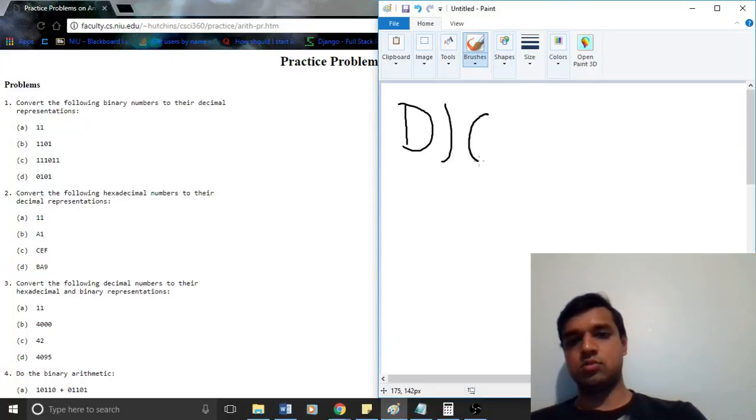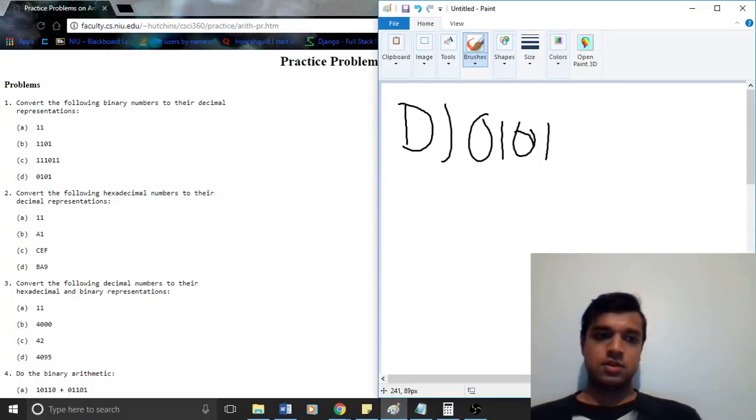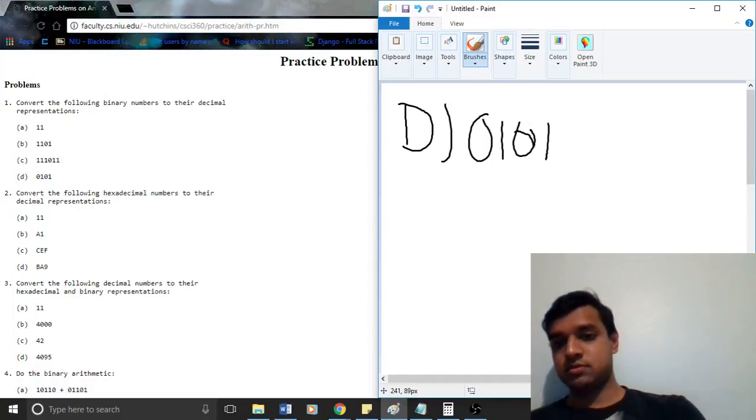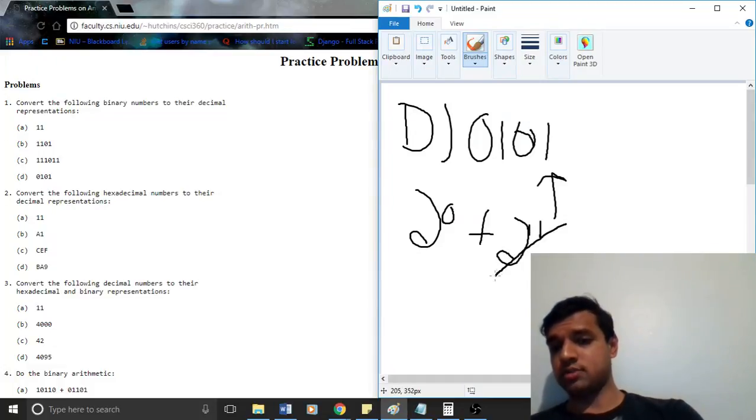Which is 0, 1, 0, 1. So for this one, you want to look at it and you're like, okay, so my first test, what do I do? So this is 2 to the 0, which is valid, plus 2 to the 1, which is not valid. So cross it out so you don't add it up accidentally.